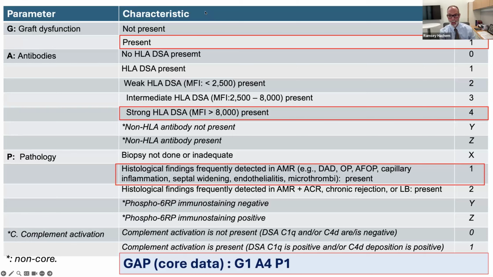And then for pathology, the biopsies showed histologic findings that are frequently detected in AMR, as Fiorello went through: diffuse alveolar damage, organizing pneumonia, acute fibrinous and organizing pneumonia, capillary inflammation, septal widening, endothelialitis, and microthrombi. So those were present, and that's a P1 score. So the GAP definition would be G1, A4, P1, illustrating the findings that are seen in this specific case.